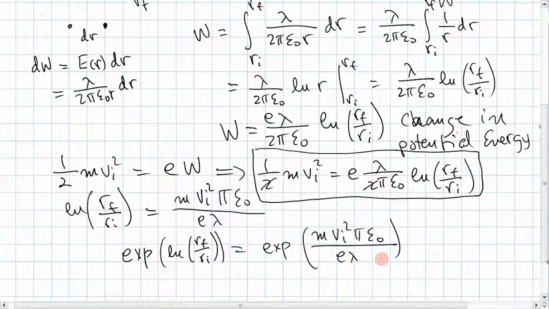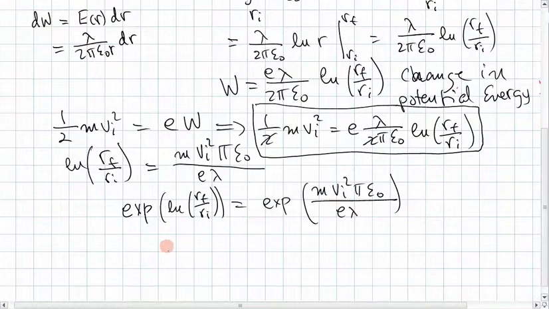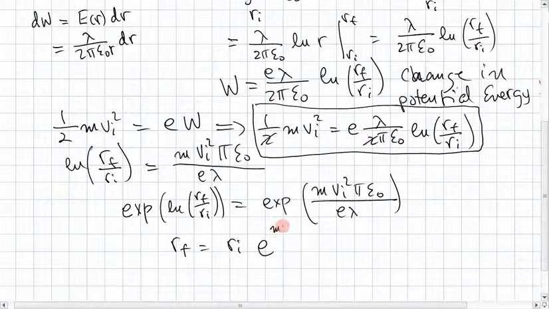And now what I get from here is that Rf is equal to Ri times e to the power of m vi squared pi epsilon naught divided by e lambda.